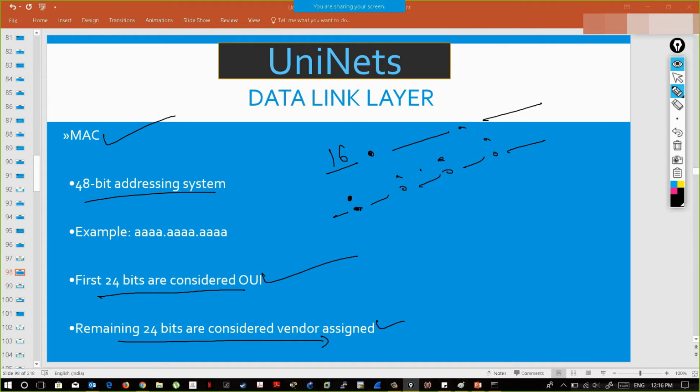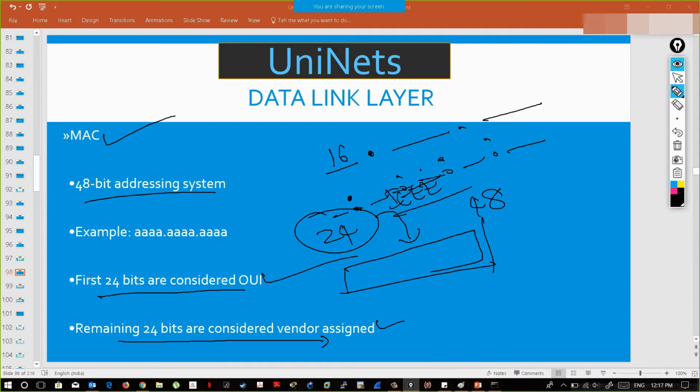That is, out of 48 bits, the first 24 bits will be a globally unique identifier, assigned again by IEEE or IANA or some other body, which assigns every vendor a unique identifier. The remaining 24 bits will be vendor assigned.